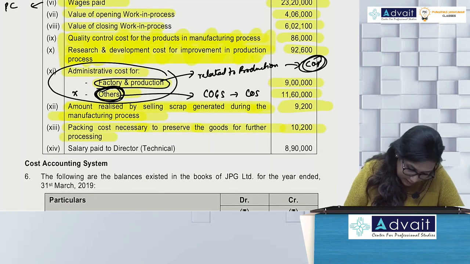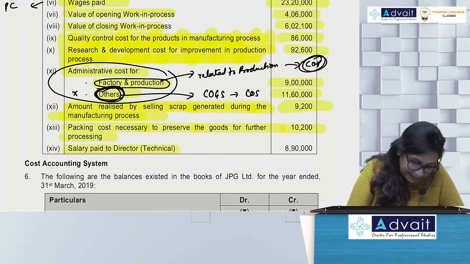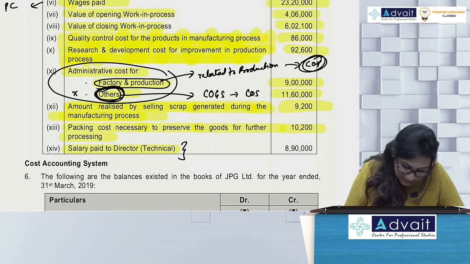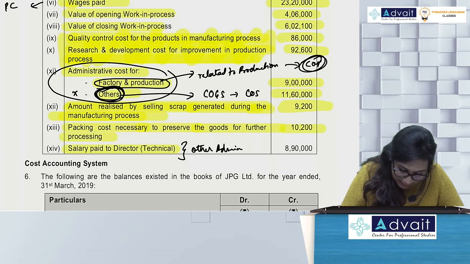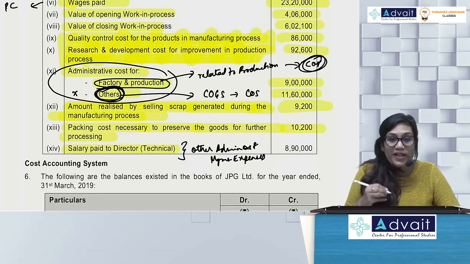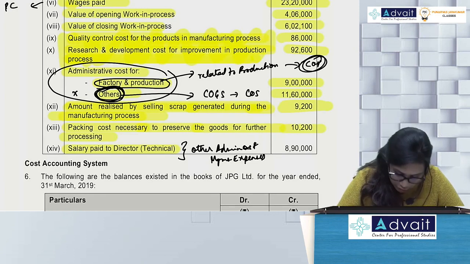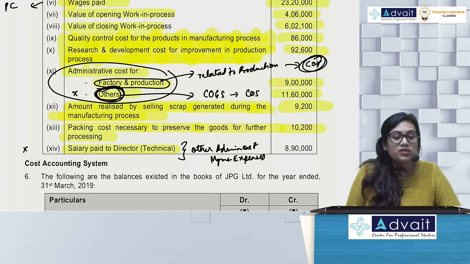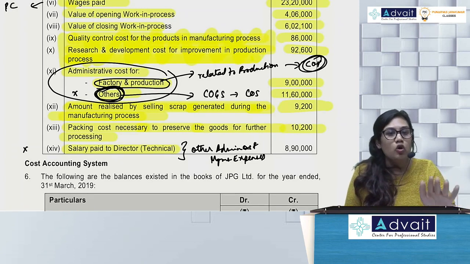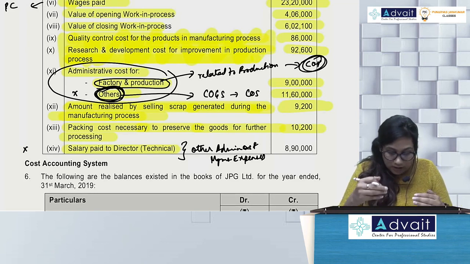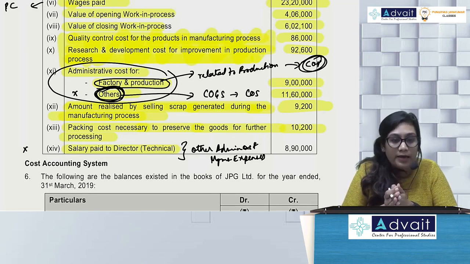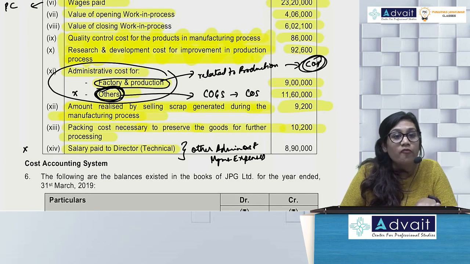Okay, next, salary paid to director technical. Now this again is other admin cost, part of management expenses. So again, will this form part of cost of production? No, because this is not related to production. मतलब जब हम पूरी cost sheet बनाते हैं अपनी, तो this cost would have come where?